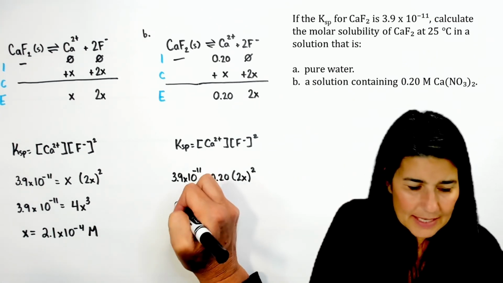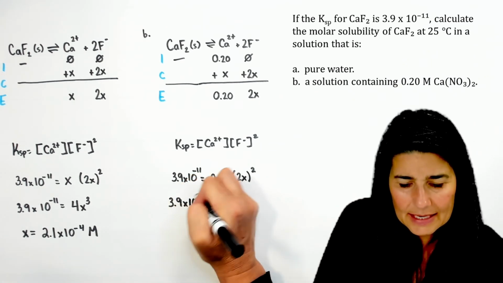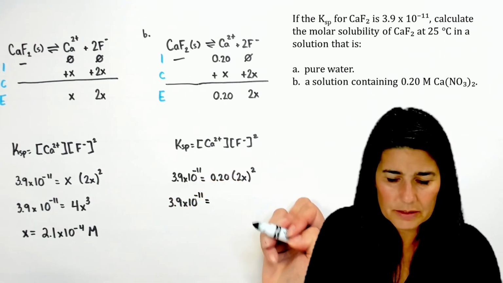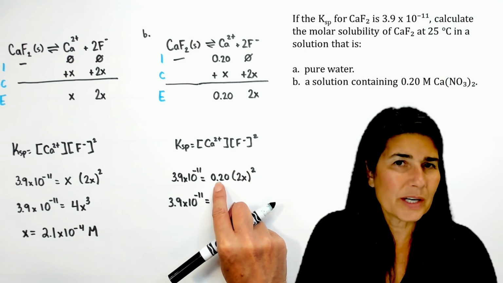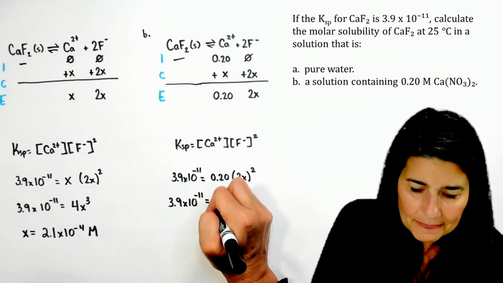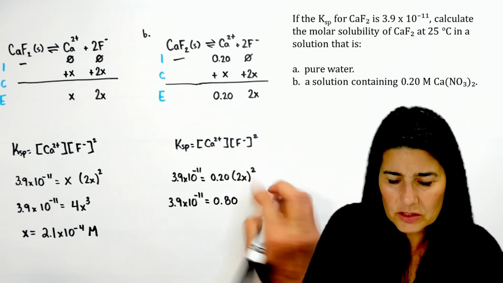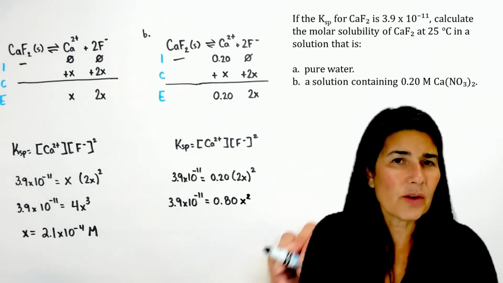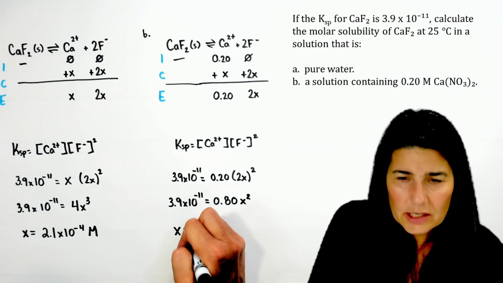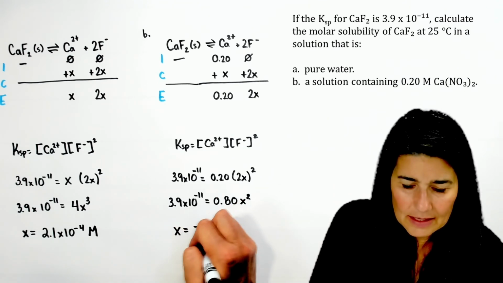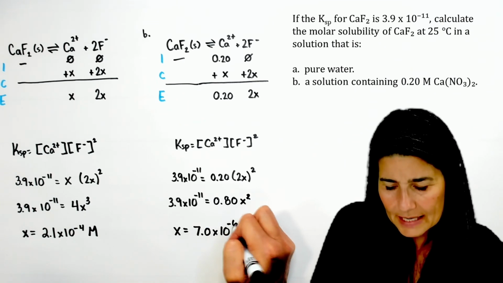All right, let's evaluate that. 3.9 times 10 to the negative 11th equals 2 squared is 4. 4 times 0.2 is 0.8. This is 0.80, and then we still have X squared. Now I'm going to solve for X. If you evaluate that on your calculator, you get 7.0 times 10 to the minus 6 molar.